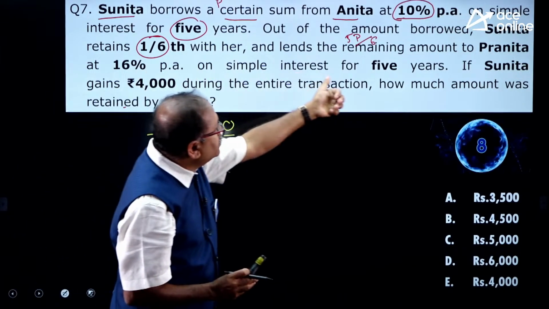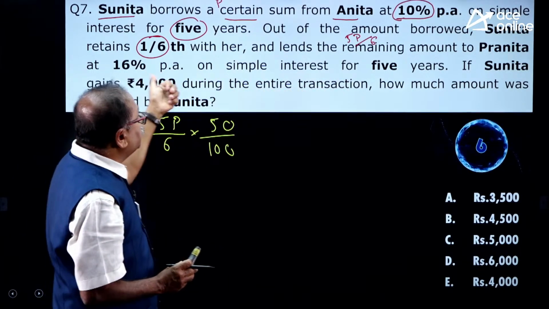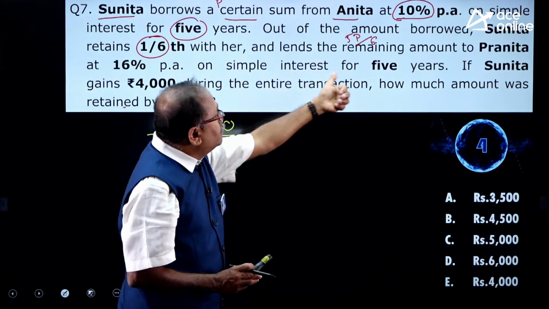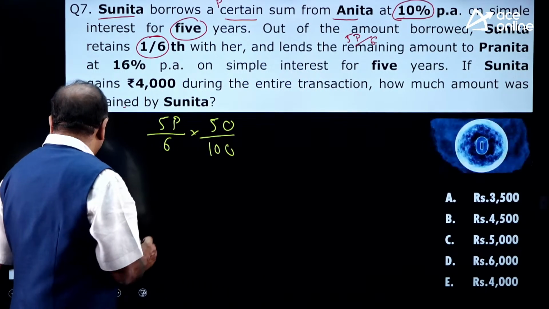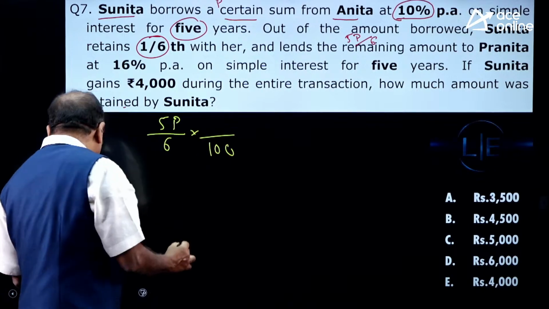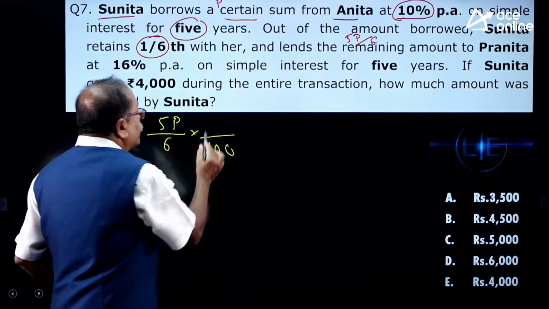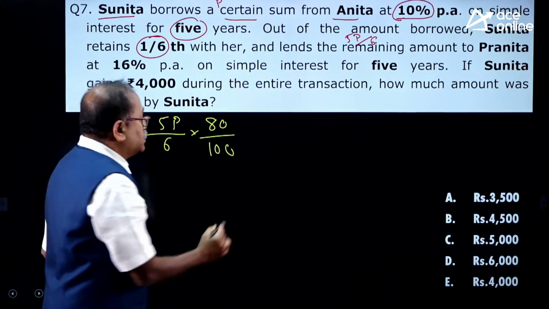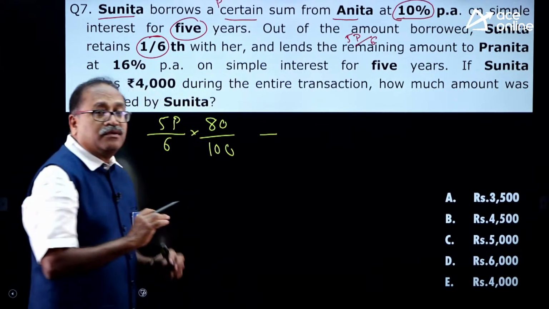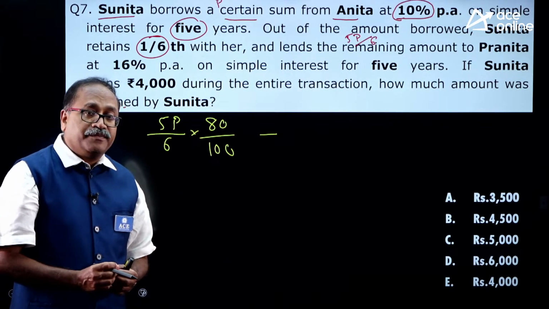No. Here it is 16% per annum for 5 years. So 16 into 5, that is 80. 80% she earns. So 80 by 100 minus, this is the interest she earned, minus the interest paid.